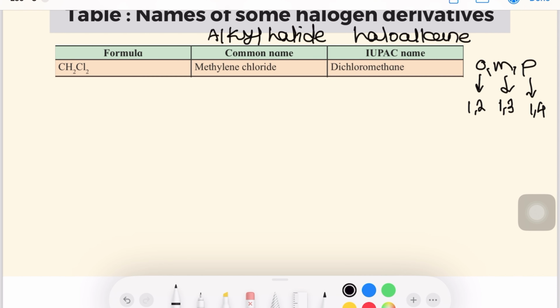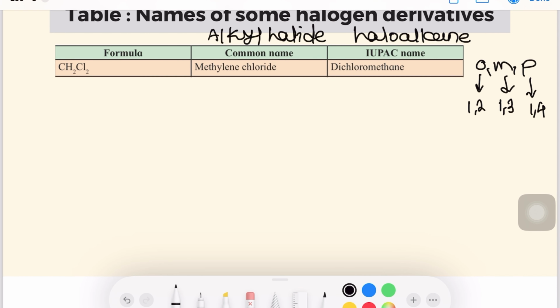When a single carbon atom contains 2 halogen atoms, it is called a geminal dihalide. Okay, understood? Then let's see the next example.